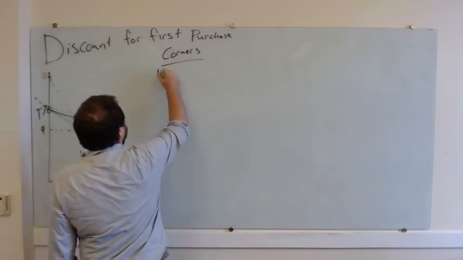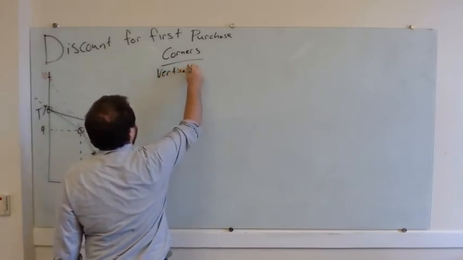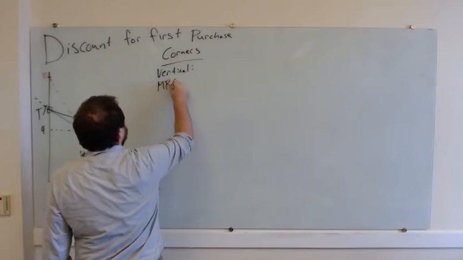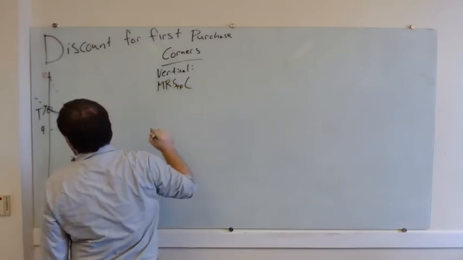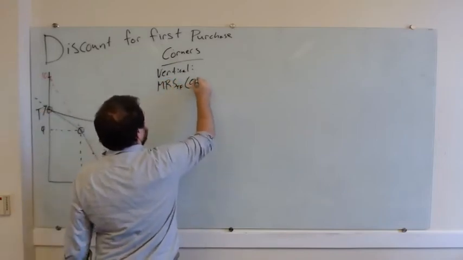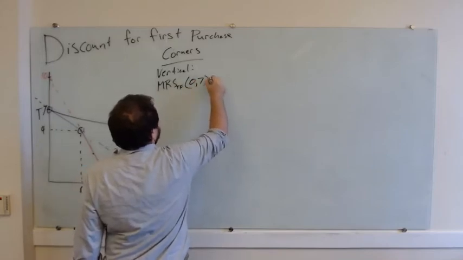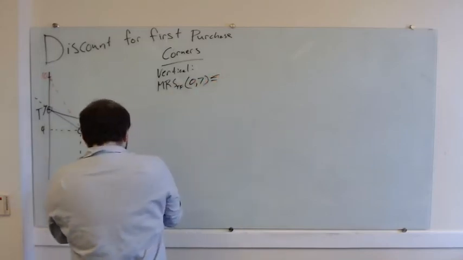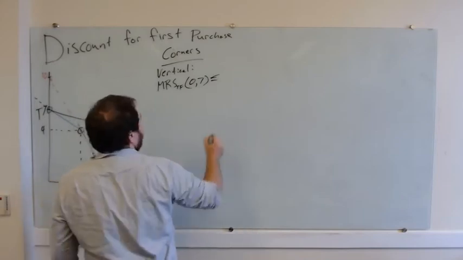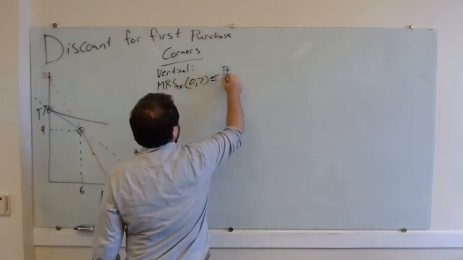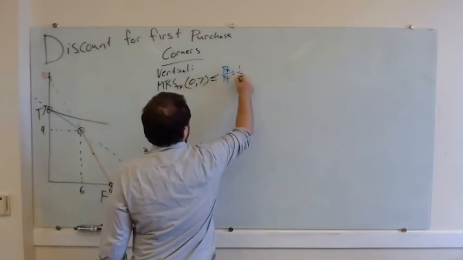So for the vertical corner, their MRS calculated at 0 and 7, right at the corner, has to be less than or equal to our blue price ratio, or 1/2.